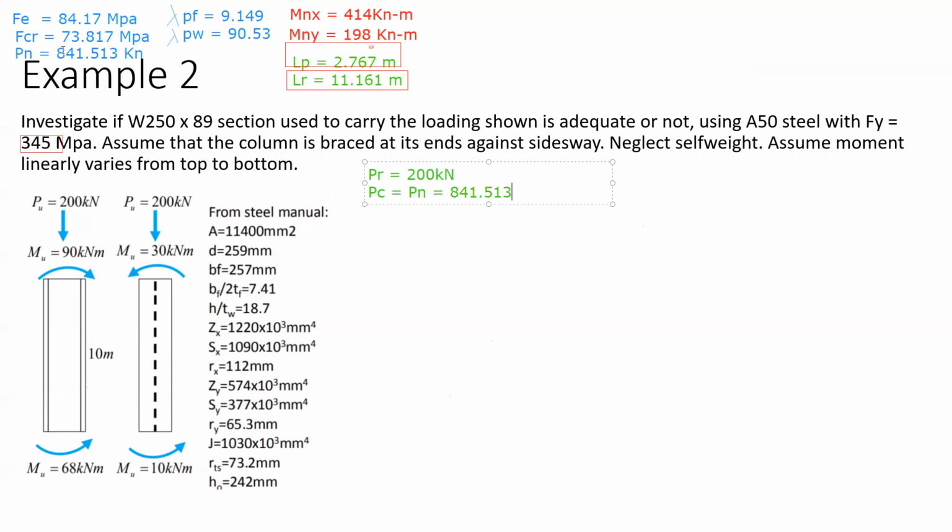And then, what else do we need? Let's check PR over PC, whether it is less than 0.2 or greater.